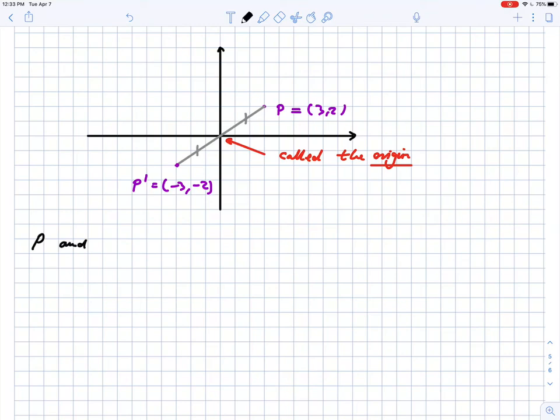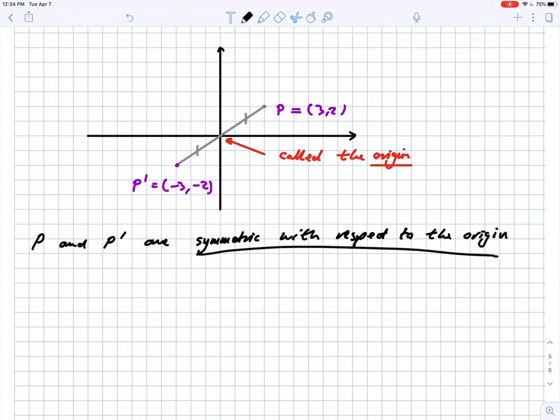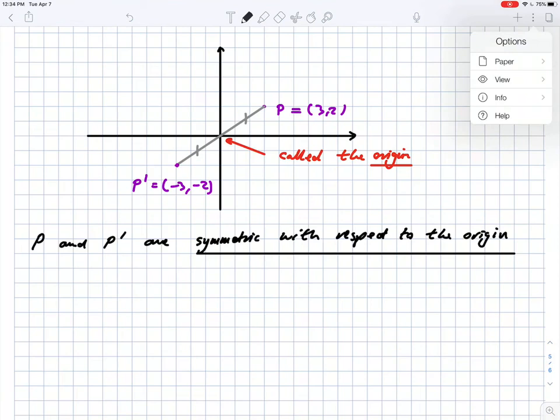P and P prime are said to be symmetric with respect to the origin. So that's some terminology for this specific situation.